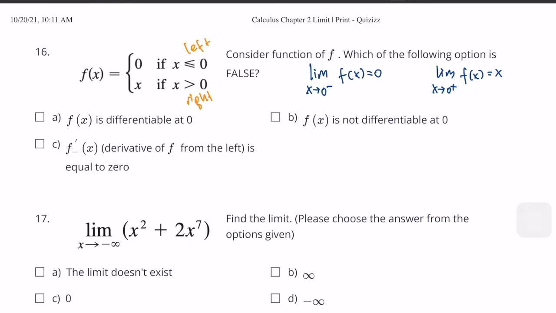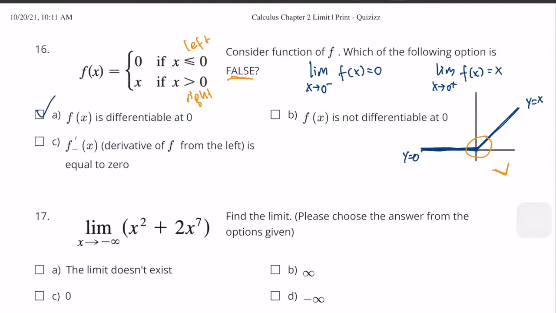If you imagine drawing, you will have y equals x here, and the other one will be the line 0 here. So this is y equals 0, right? And this is y equals x. And you'll notice that this has a sharp corner, which is not differentiable at that point at 0. So we need to find the one that is false, which is A. Is differentiable? Not true, right?